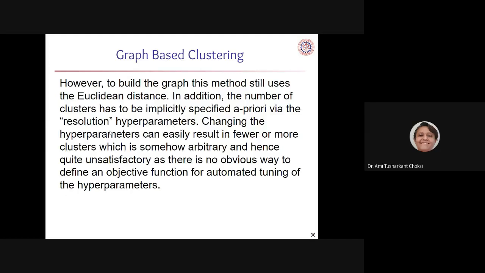Changing the hyperparameters can easily result in fewer or more clusters, which is somehow arbitrary and hence quite unsatisfactory, as there is no obvious way to define an objective function for automated tuning of the hyperparameters. Fine.